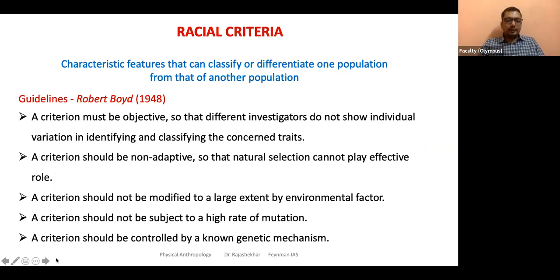Some other related points to this: criteria should not be subject to a high rate of mutation. Mutations do happen and things get changed, which is what we see in natural selection. If it is really essential for something, it should not change.